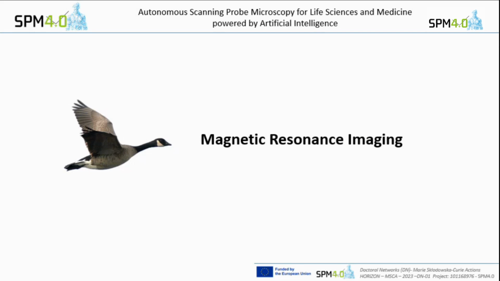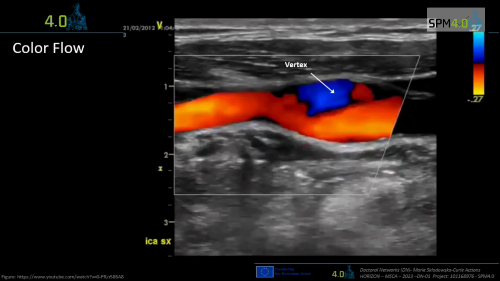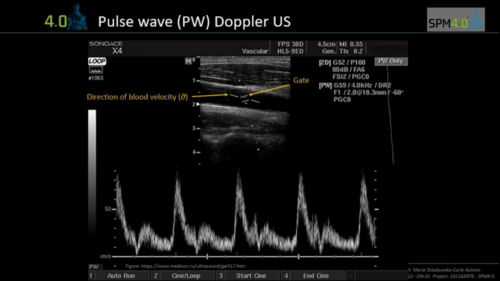Isn't the measurement with the Doppler effect dependent on the cross-section area of the vessel? You measure within this range here, from here to here. So you try to avoid the outer part of the vessel, as the flow in the middle of the vessel is faster than the outer part.